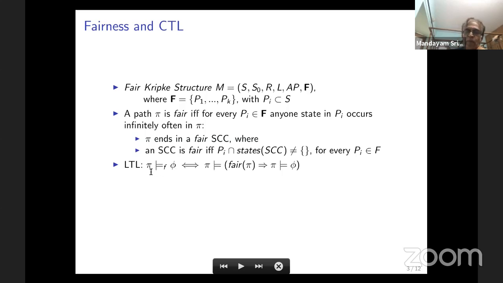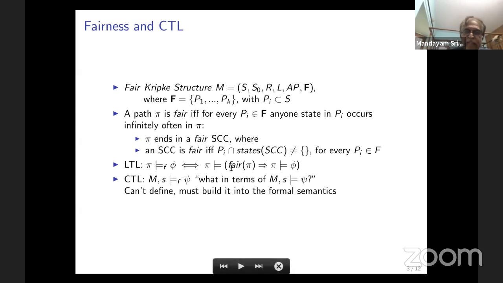A path satisfies phi only if that path is fair, so it has to be satisfied only on fair paths, which can be expressed as an implication. So this can directly be expressed in LTL, and there's no issue there. So checking only for a subset of the paths that are fair can be expressed in terms of the standard satisfaction relation for LTL.